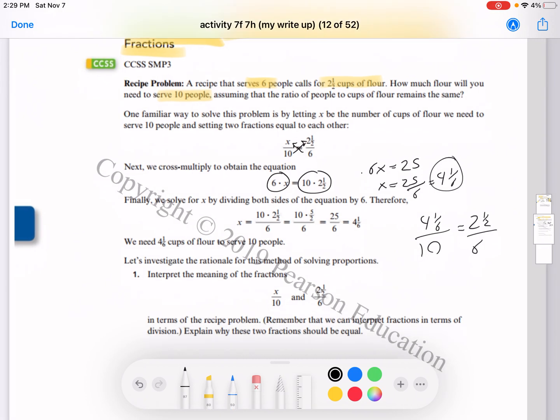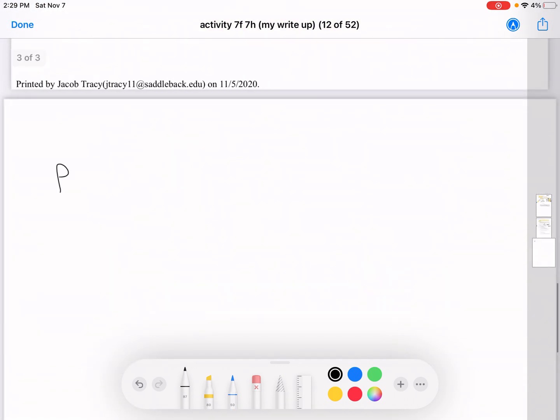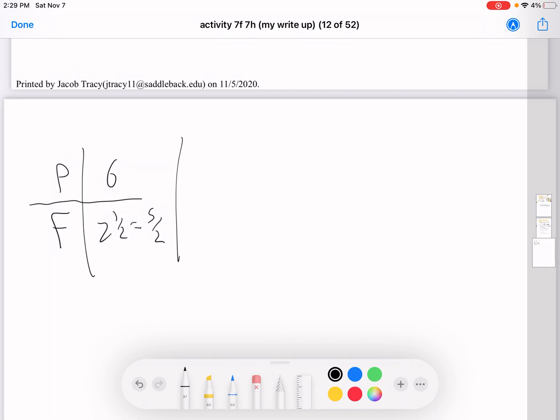Now, I want to solve this using the other methods, which would say, here's people, here's flour, 6 people, 2 1/2 cups. And 2 1/2 cups is the same thing as 5 half cups. And I'm going to do this by coming up with a unit value. One person. So I have 1/6 the people, so I need 1/6 the flour. What is 1/6 of 5 halves?